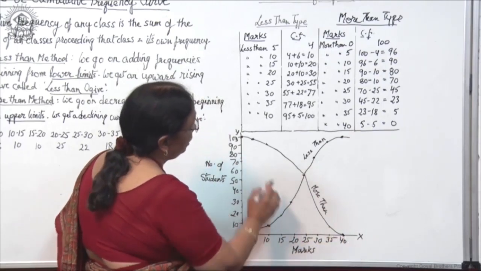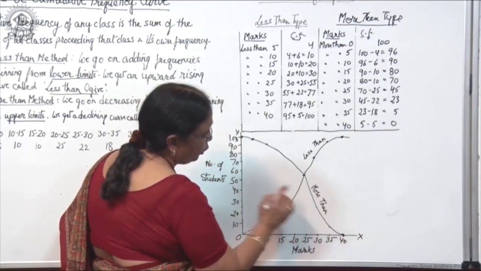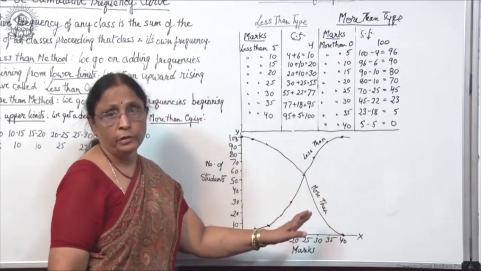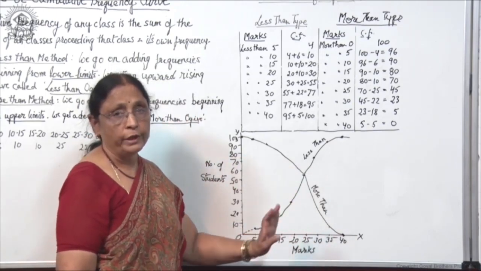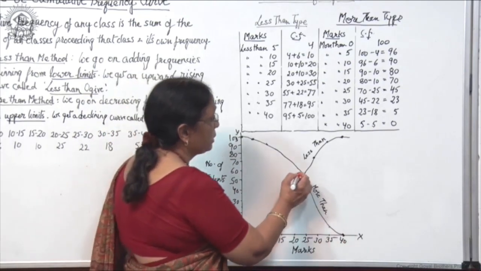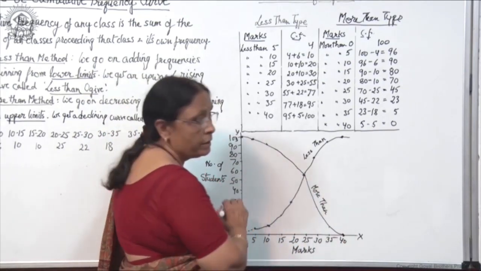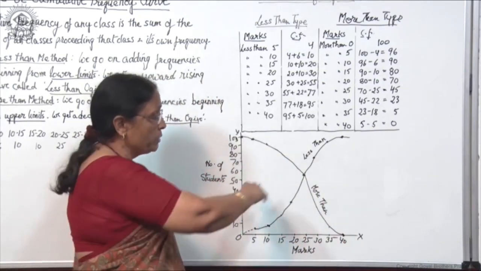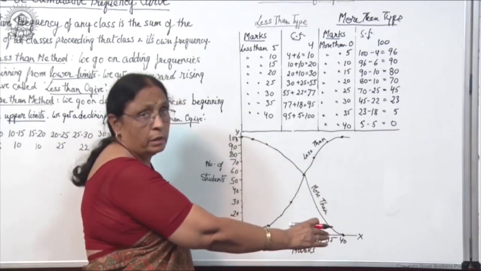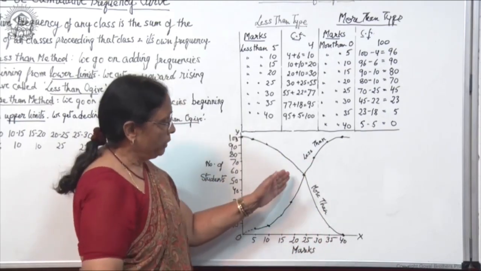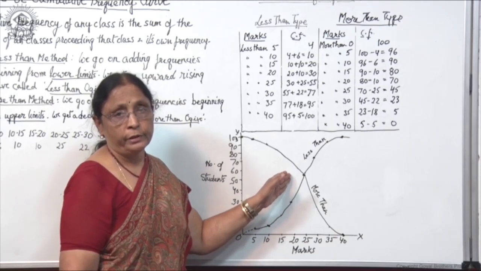This is the point, and we will join all the points we got, and we get the curve. This is known as the more than ogive, and both the curves will intersect at one point, because one is rising and one is declining.